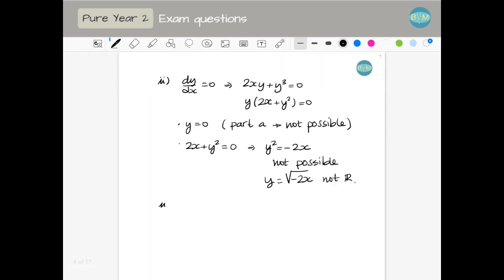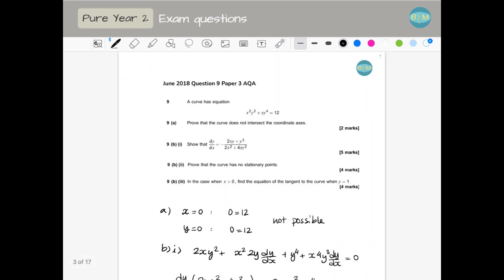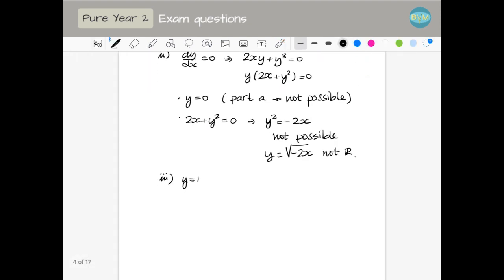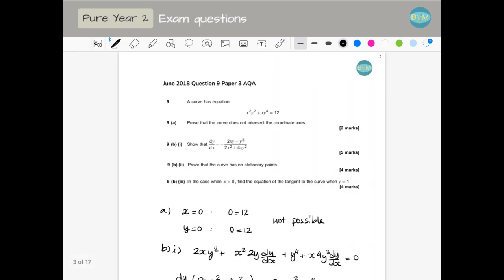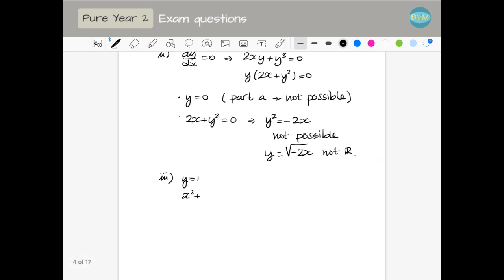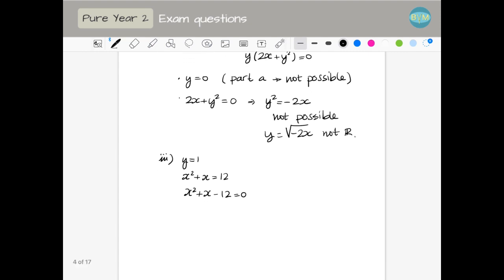To find x, I'm going to substitute here the y by 1. So I have x squared plus x equals 12, which means x squared plus x minus 12 is 0.